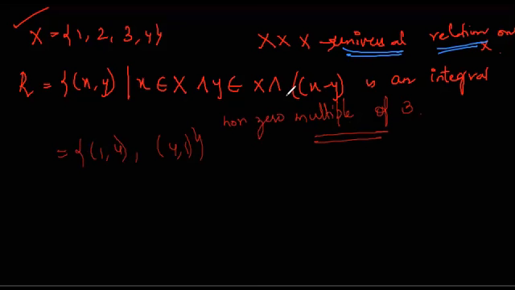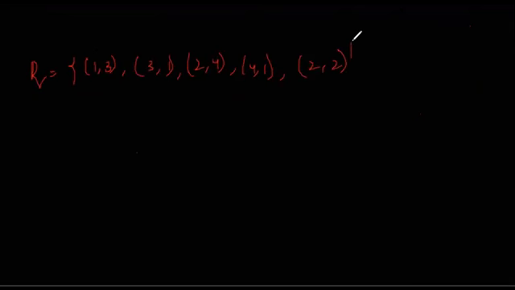Now the next thing is, whenever we are given two sets, and based on that we are creating a relation, then we can perform union and intersection on those relations. So let's consider two relations. If R is (1, 3), (3, 1), (2, 4), (4, 1), (2, 2), and S is the relation (1, 4), (4, 1), and (2, 2).